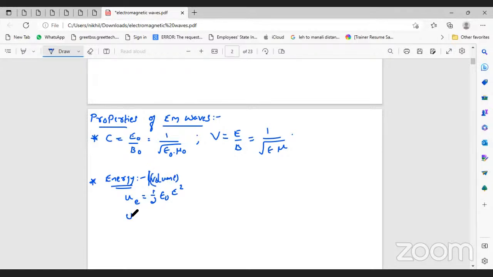And what is the energy density due to the magnetic field? It is given by the formula half times B squared divided by mu naught. So what is the average energy density for the electric field? Half times epsilon naught E squared. For magnetic energy, half times B squared by mu naught.